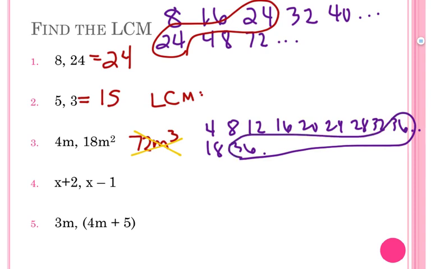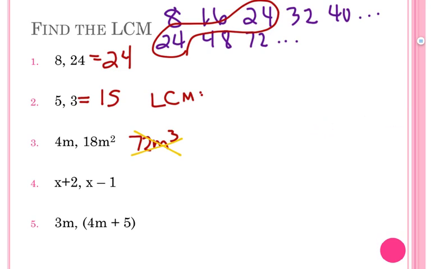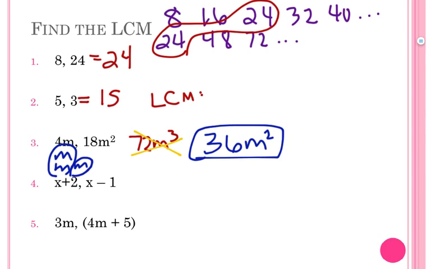So 36 would be the least as far as the coefficient goes. Then if we look at m and m to the second power, we're going to have to use m to the second power, because m to the second power can't go into anything smaller than m to the second power. So this would be our least common multiple.